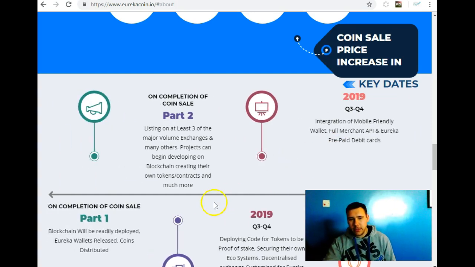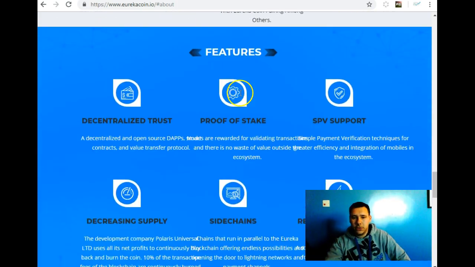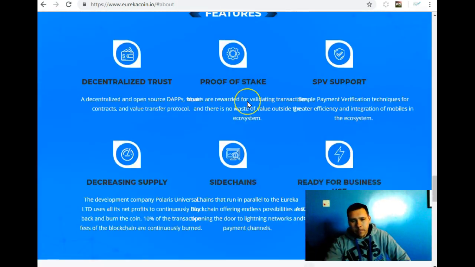It will have its own decentralized wallets and decentralized exchange, so that when other projects build their token on top of the Eureka blockchain, they will automatically have somewhere to get listed, which everybody on the Eureka blockchain is going to be driven to.